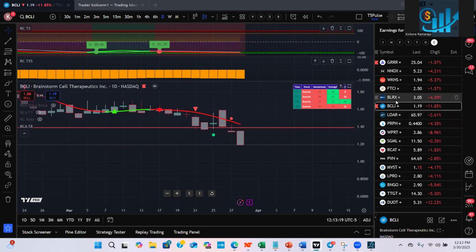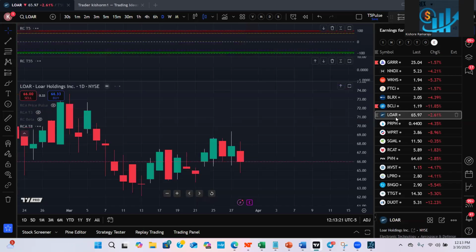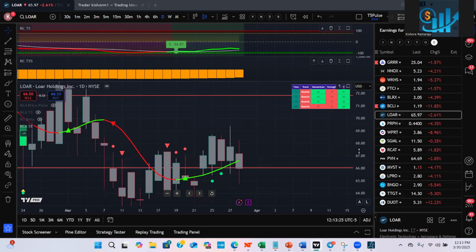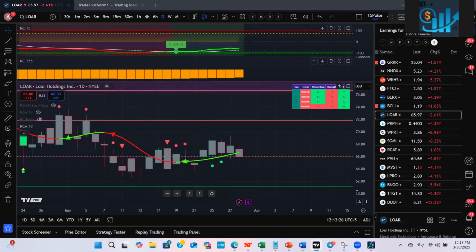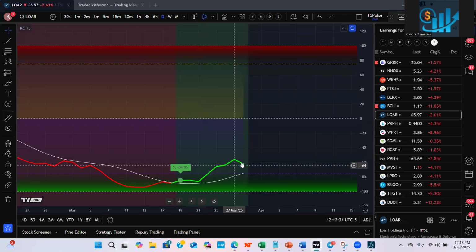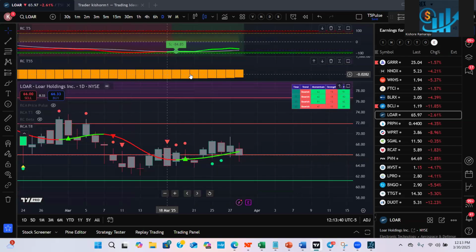Let's look at something which is tomorrow evening. Okay, here you have something which is looking bullish in T5. It is still bearish in T55.